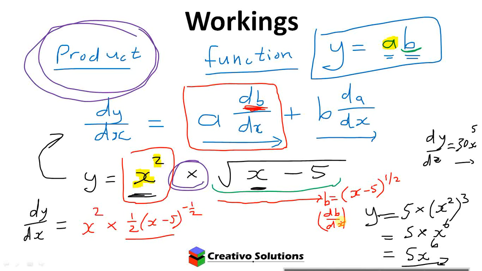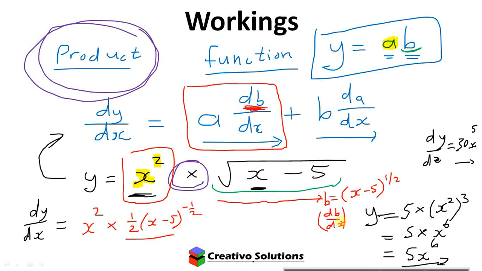So where is the expression for b? You wrote it down. B equals x minus 5 to the half. So that's the b. In order to get this dB over dx, I need to derive that function.